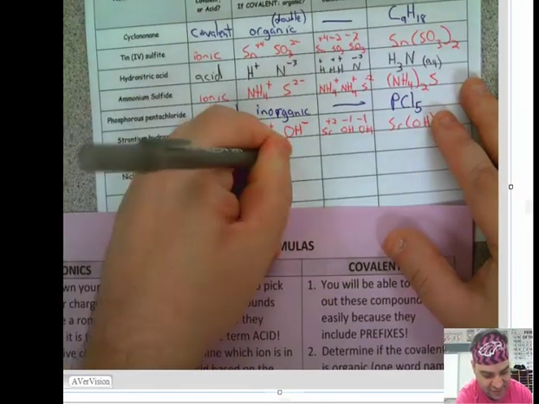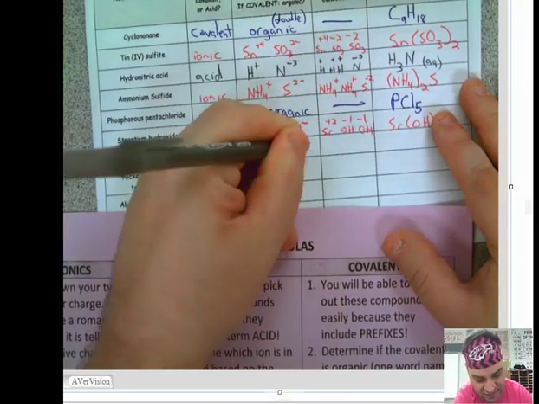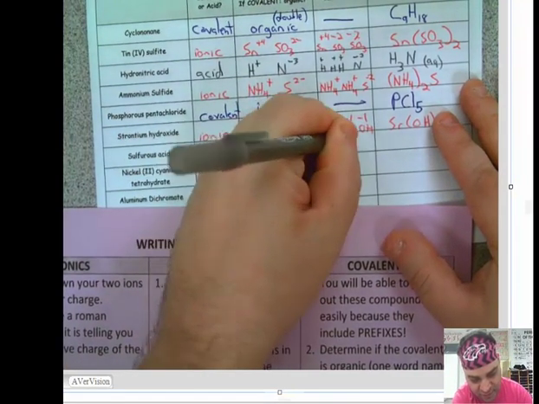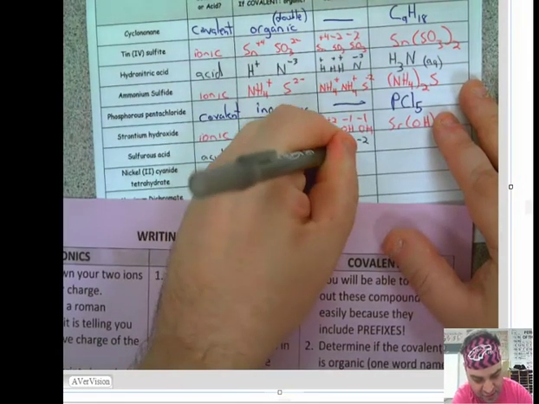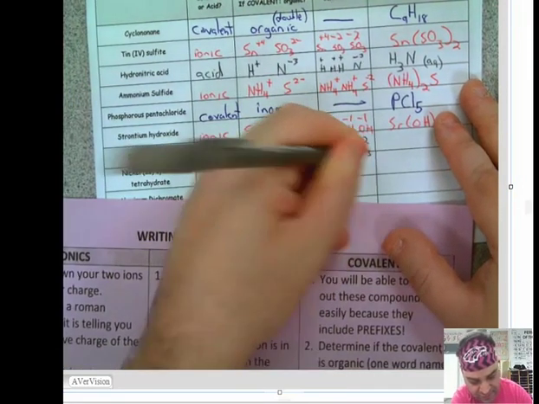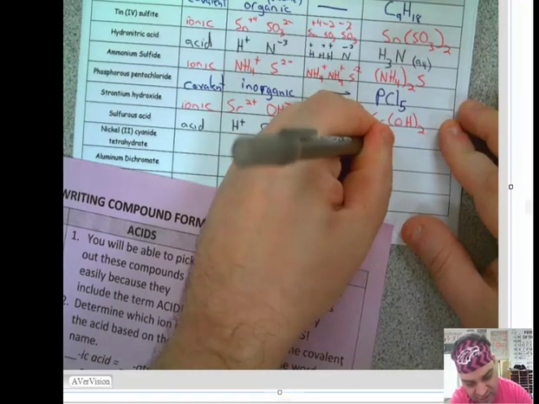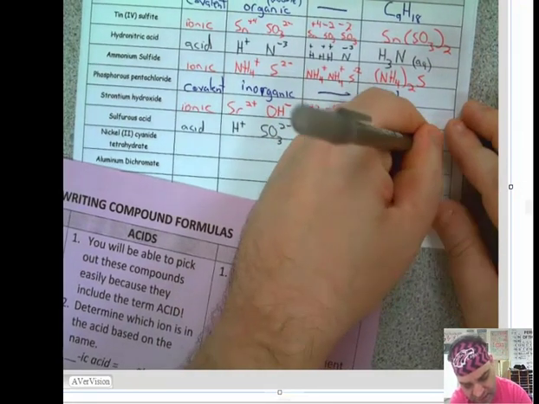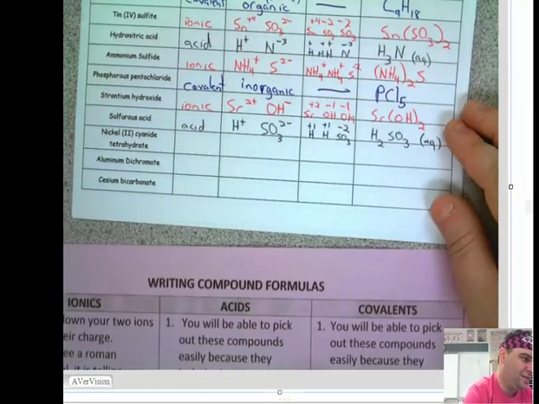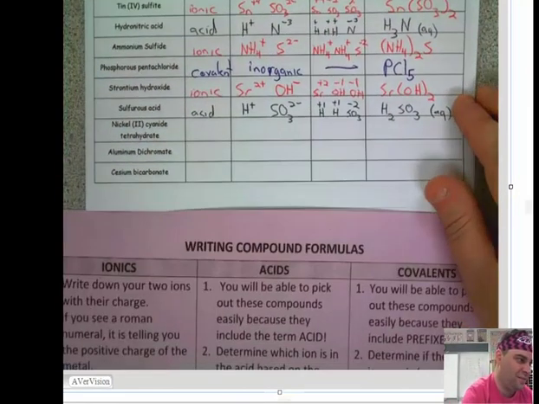Sulfite is SO3 2-. So we need a +1 and a +1 and a -2. So this is H2SO3 (aq), because it is an acid. Because all acids have a little bit of water in it.